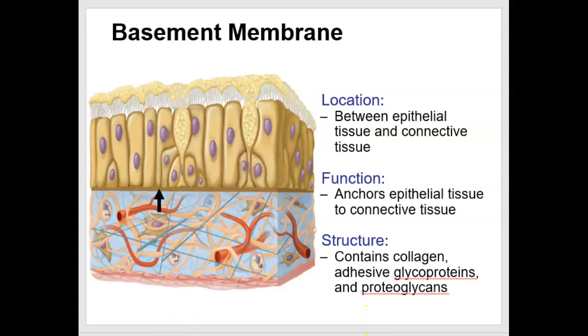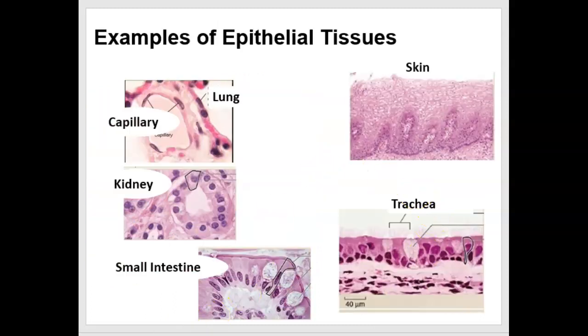What we do need to know is that there's some protein, collagen, and there's some carbohydrate, and that will work just fine. So here are some examples of epithelial tissue. In your lung, this is the space where you would find air, and it is lined by epithelial tissue, and it's very thin. This is one cell lining your lung.